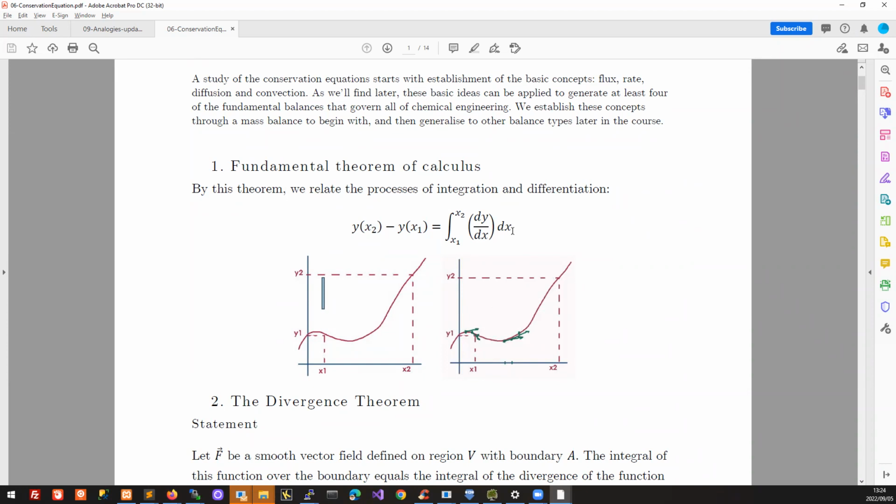So if you read this equation, not in the strict formal sense, but if you look at what it actually means, it's saying that if you add up all the changes along the line, it gives you the overall change. So that's another way to read the fundamental theorem of calculus, right?